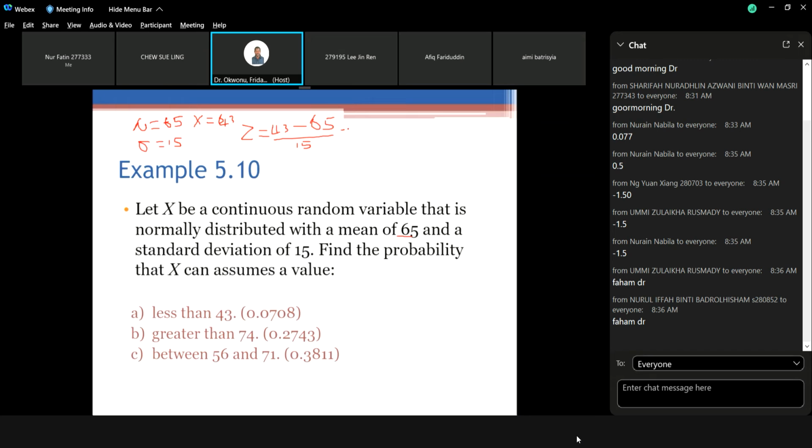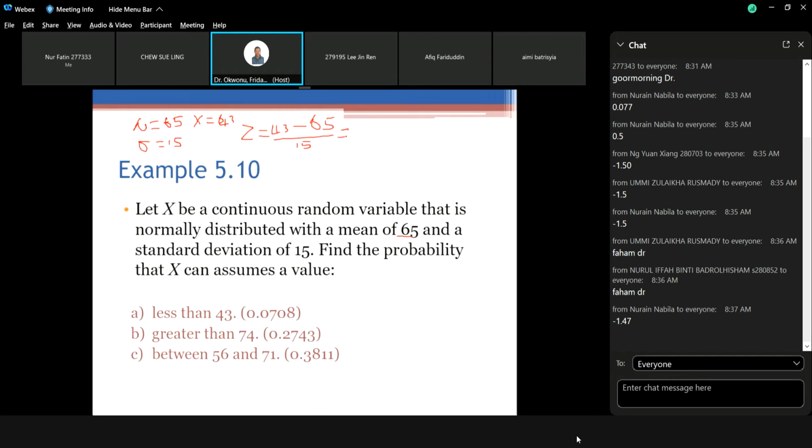So what's your Z value, students? Minus 1.47. So say the less than. So you now say P of Z is less than minus 1.47.